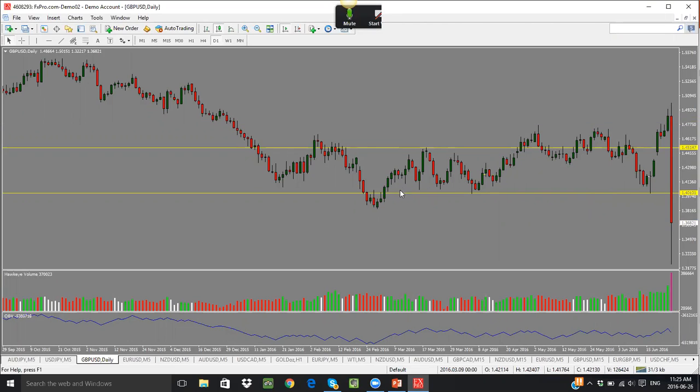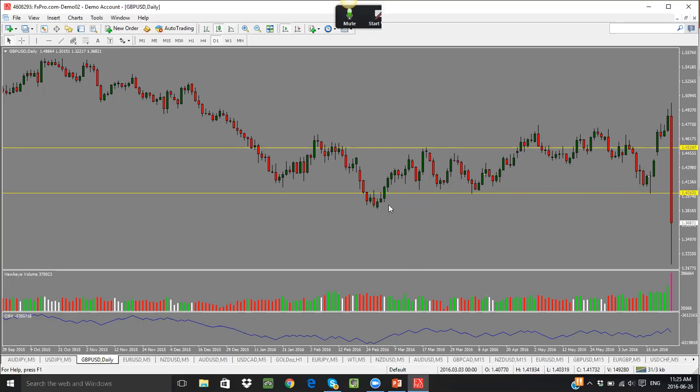Okay, so let's take a look at a range. Here we see a Pound US dollar daily chart. This covers a number of days, and that's why it's a good one to look at. So here we have a range bound market. This is the upper level, the resistance area, and this is the support area.